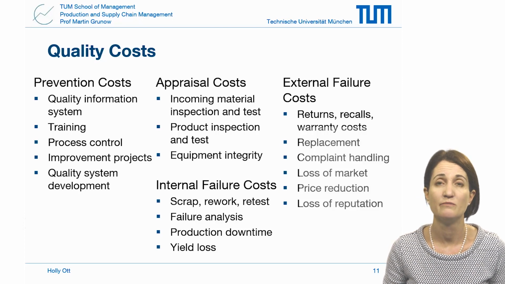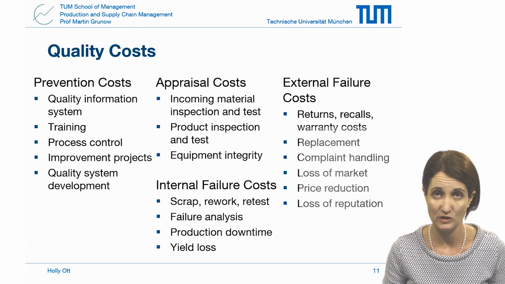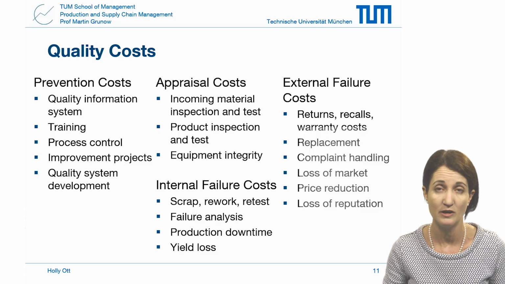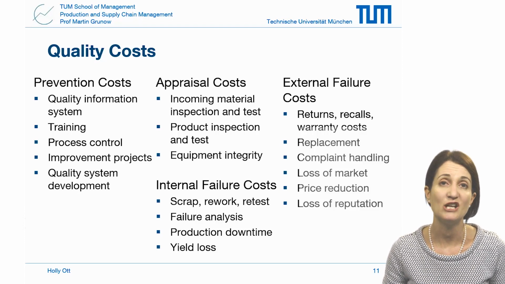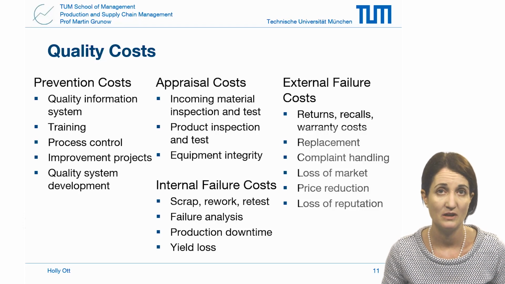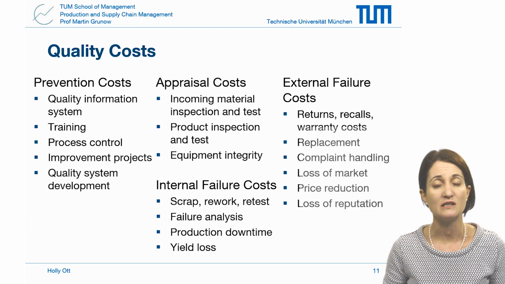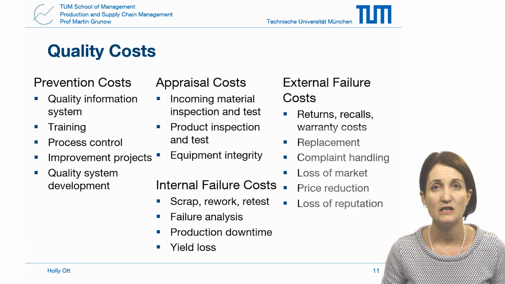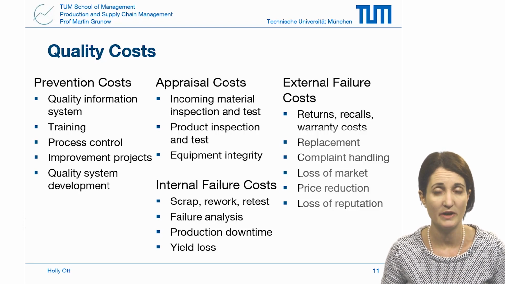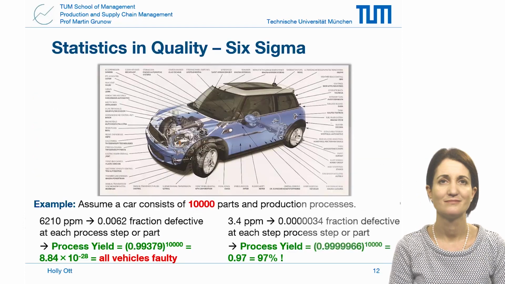And then that could even mean a price reduction for our product. So a direct loss of profit, gross margin on our bottom line, and in the end, maybe a loss of reputation. So all of these costs in a quality cost study need to be considered in order to decide what we need in order to make a quality product.